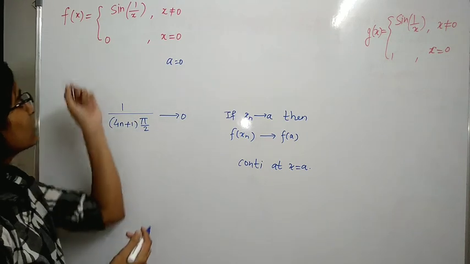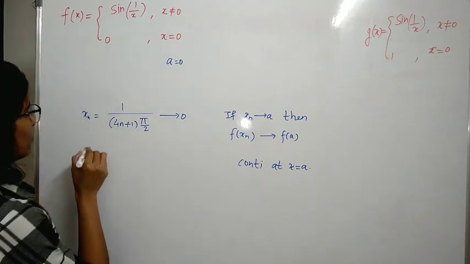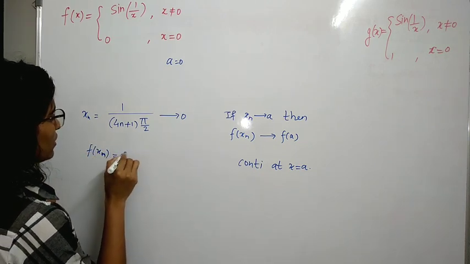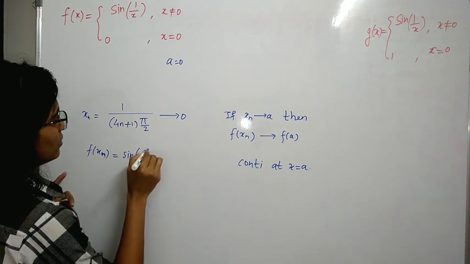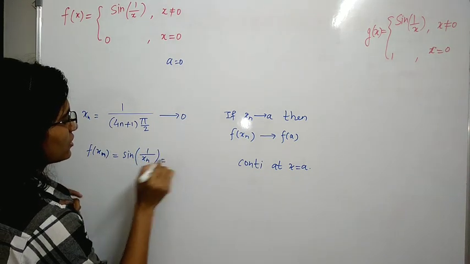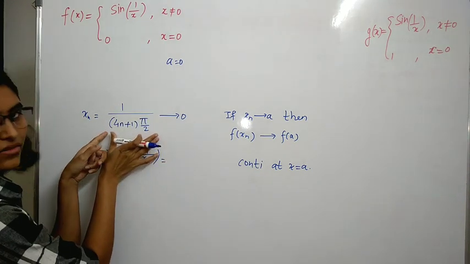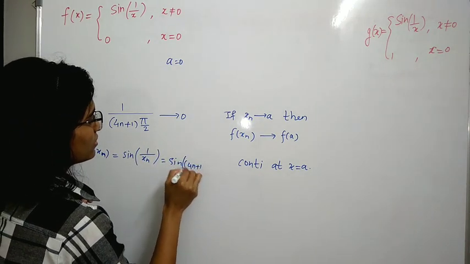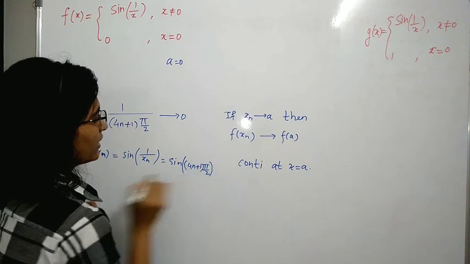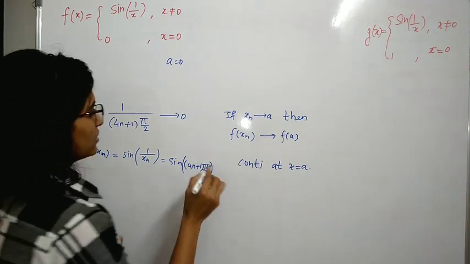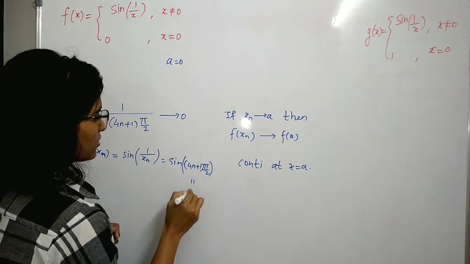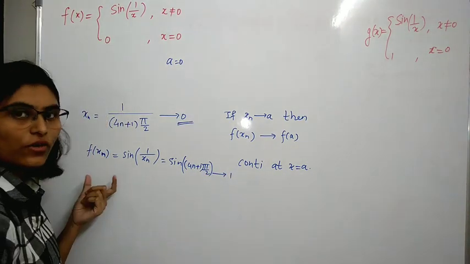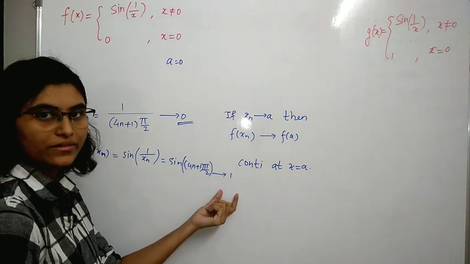Now look at the function f of xn. So f of xn is just equal to sine of 1 upon xn, which is just equal to sine of (4n plus 1) times pi by 2, right? And we know that this value is just the constant 1, so it converges to 1. So f of xn converges to 1.